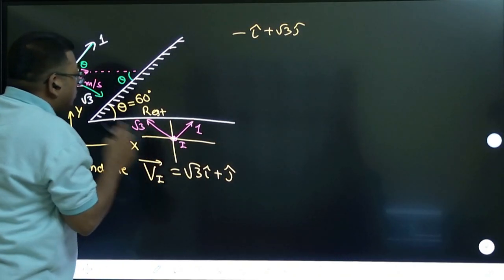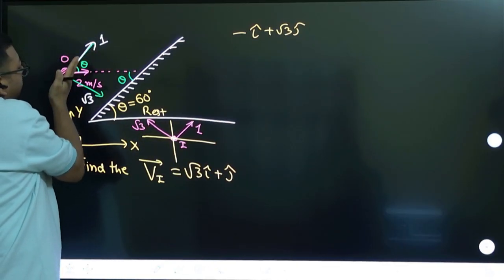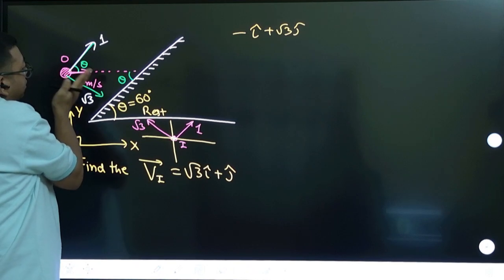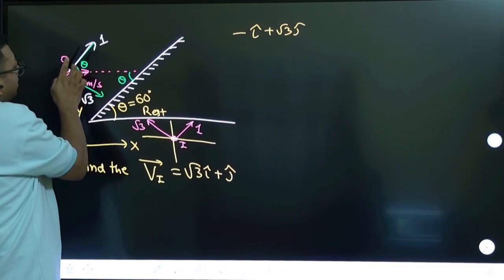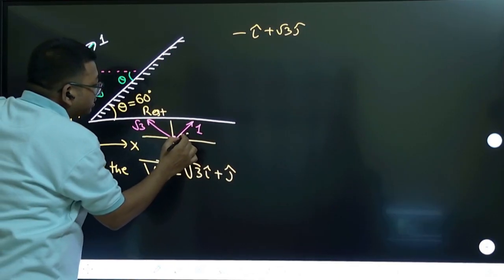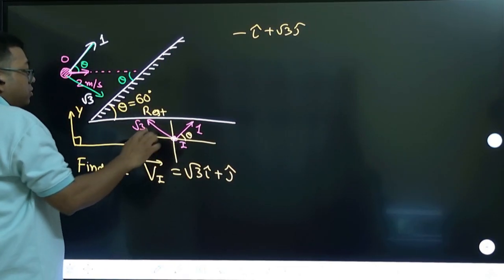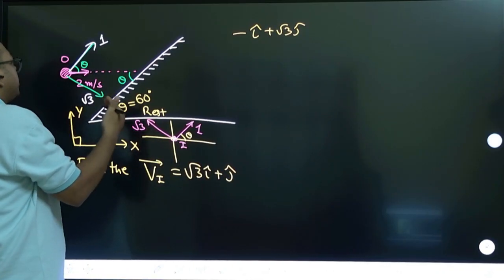Okay, so think about it. This one, which is parallel, right? Theta, theta. So this is parallel to this plane, right? This is making angle theta with the horizontal, so the same angle theta here, 60 degrees. So that 1 we need to resolve. Another is root 3, which is perpendicular.